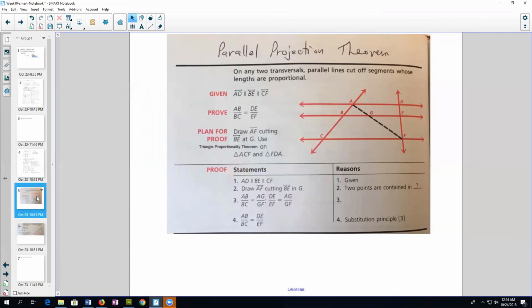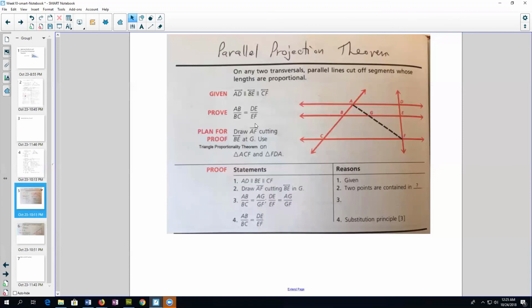We have a series of parallel lines, line AD, line BE, and line CF, and we have any two transversals. And we have some segments on this transversal. We have AB and BC, and we have segments over here on this transversal, DE and EF, and they are in fact proportional.